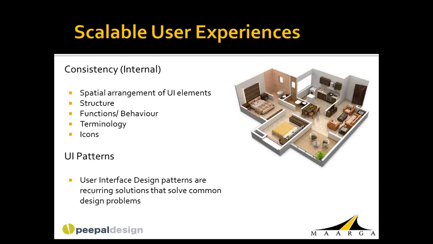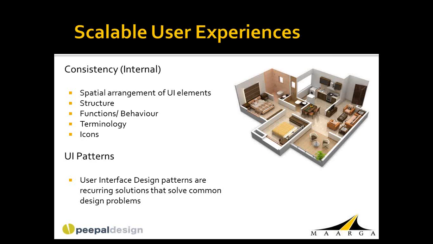Functions and behavior. How does the application behave across the entire application? It is really critical for users to feel confident about using it everywhere, right? So save should work exactly the same way no matter where you use it or which transaction you use it on. It shouldn't behave like a normal save in one place and like a save as in some other place.